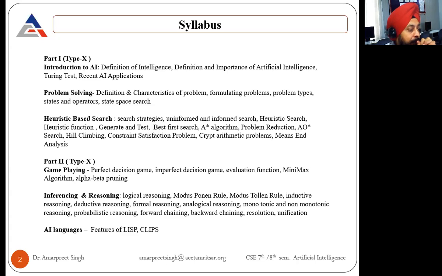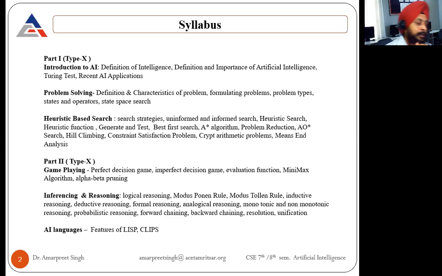Here we will do the different types of reasoning and inferencing. The list: logical reasoning, where the two important rules we will cover are the modus ponens rule and the modus tollens rule. Then we will see the different categories of reasoning, starting from inductive reasoning and deductive reasoning, then formal reasoning, analogical reasoning, monotonic and non-monotonic reasoning, and probabilistic reasoning.